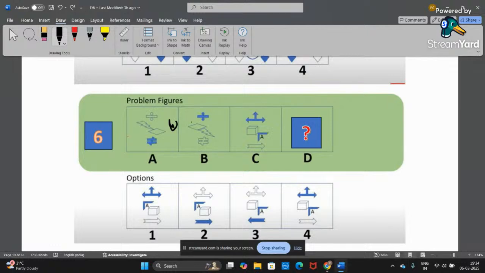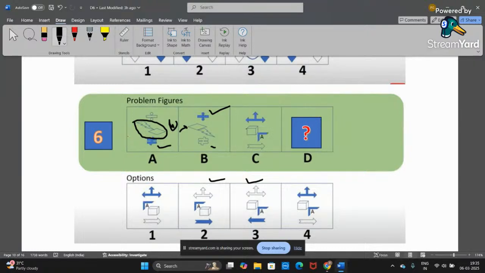Because these two are interchanged in the next one, right? And this division symbol is filled with color in the next option, and this not equal symbol is filled with colors in A, and in B it is transparent, right? So in the same way, this should be transparent. Which is transparent here? This and this.